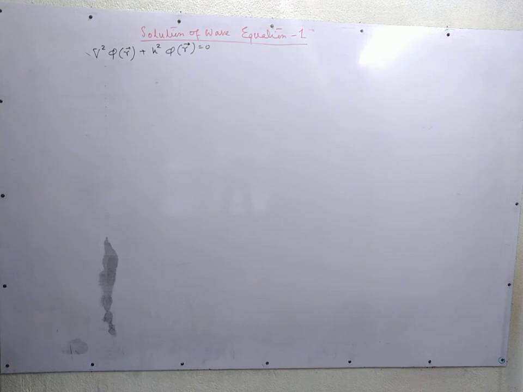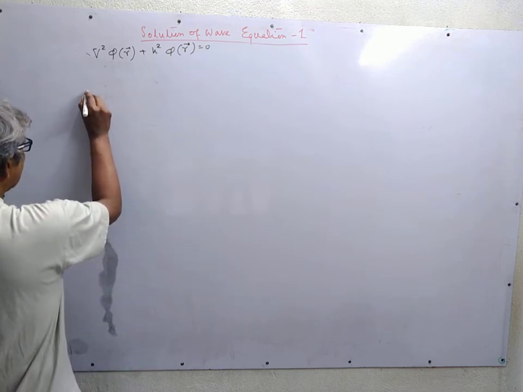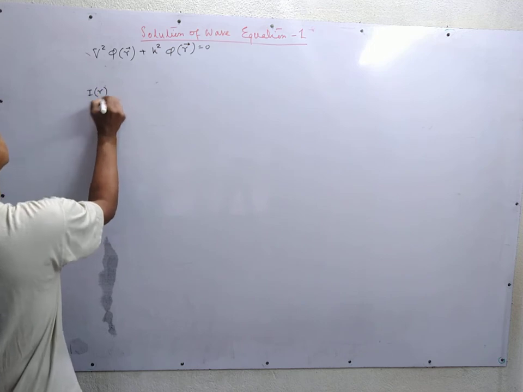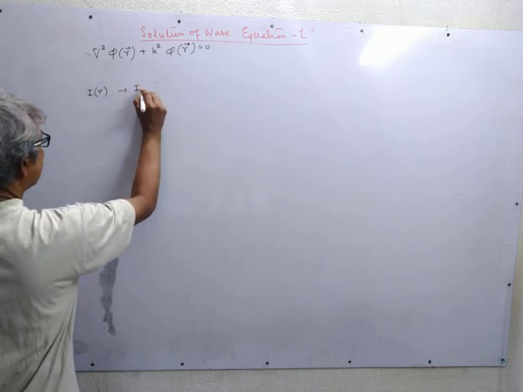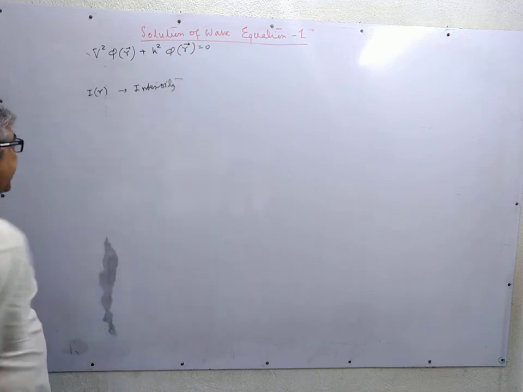At the same time, the amount of energy crossing the surface of a sphere must be the same. So on the surface, if we consider intensity at a point r, this is the amount of energy crossing per unit area per unit time.